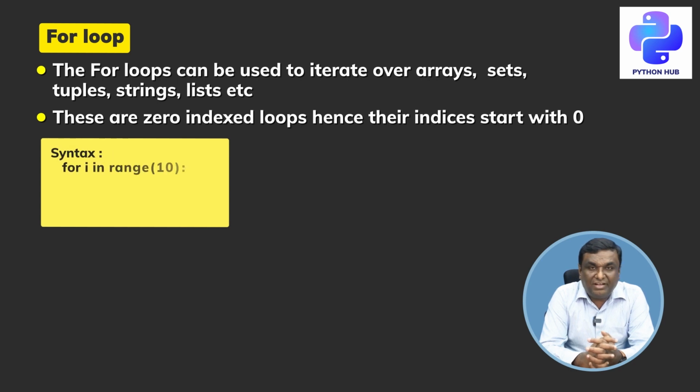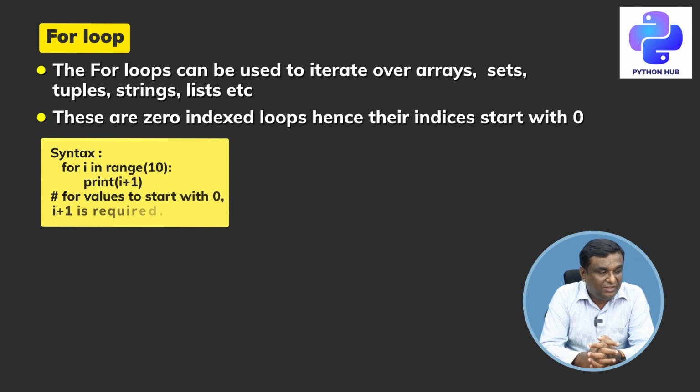The syntax when I write it, like for i in range of 10, print i plus 1. For values to start with 0, i plus 1 is required. Thus you're starting with 0 and then slowly you're indexing it and then you're printing i plus 1 as a result of it.